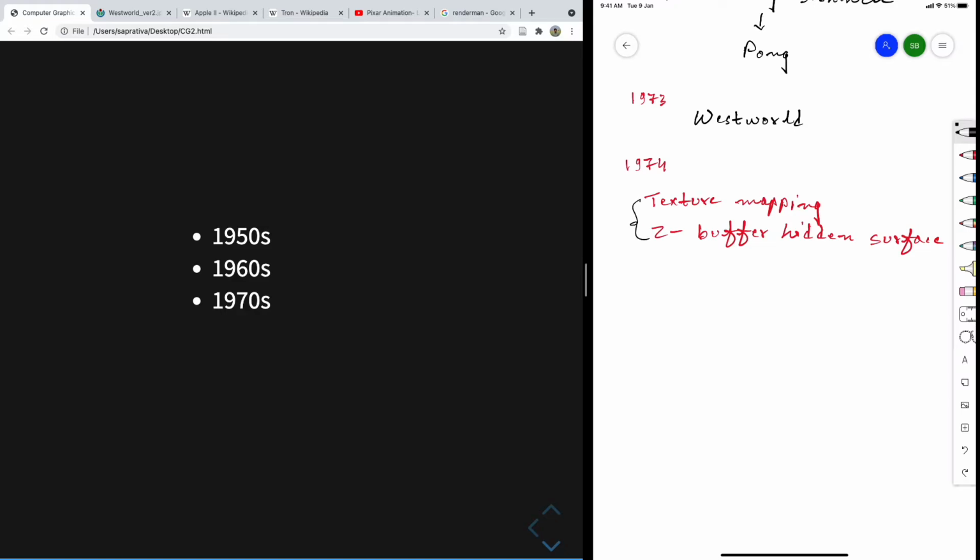These two algorithms were released by a scientist named Edwin Catmull.